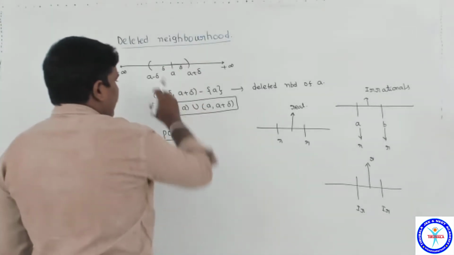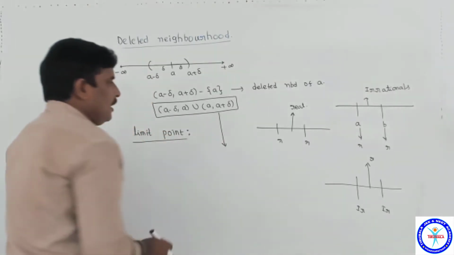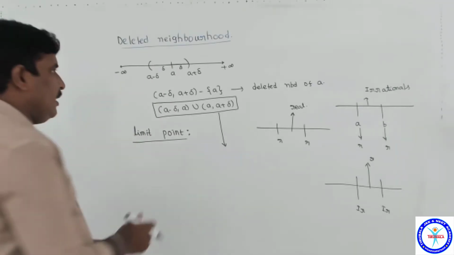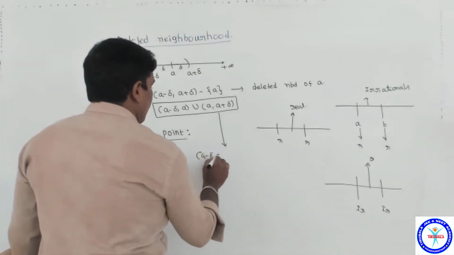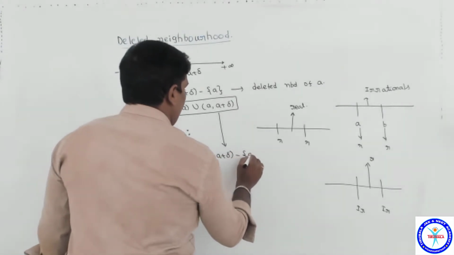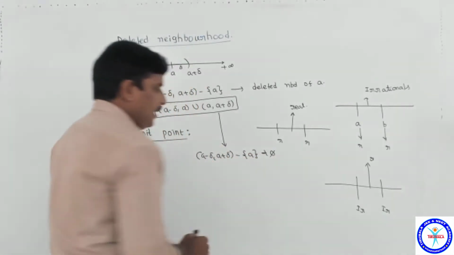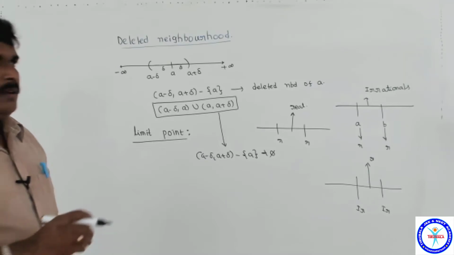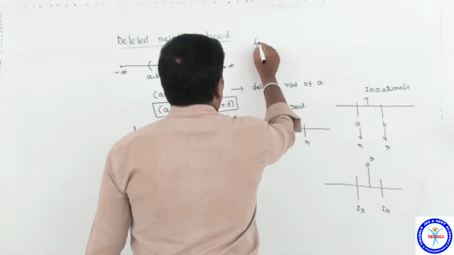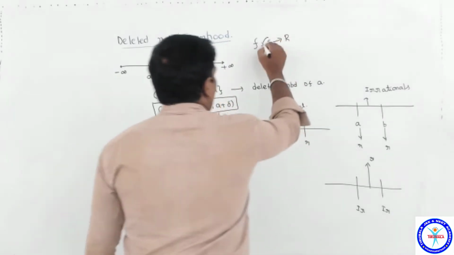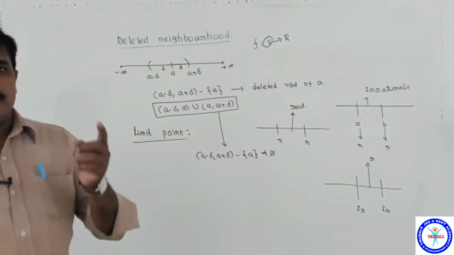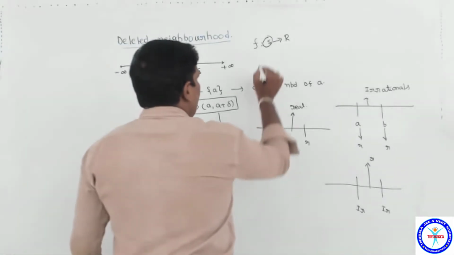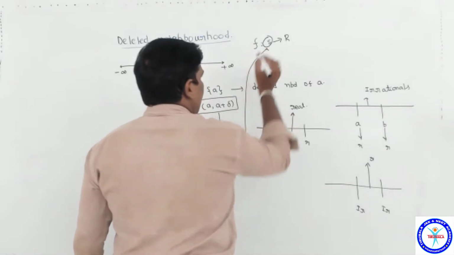We already explained the deleted neighborhood here. If the deleted neighborhood, that means (A minus delta, A plus delta) minus {A}, is non-empty, then we say that A is the limit point of the domain of F. Domain of F means, if you take a function F from S to R, where S is an aggregate. Aggregate means any non-empty subset of R is called an aggregate. Then A is a limit point of S.